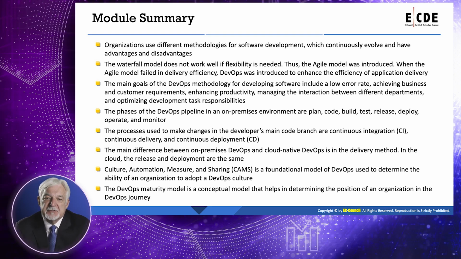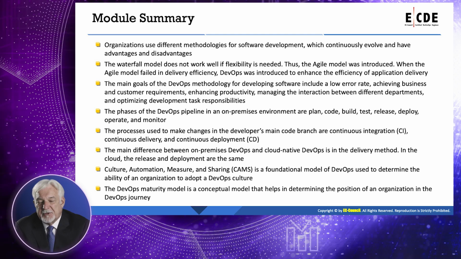The processes used to make changes in the developer's main code branch are continuous integration, continuous delivery, and continuous deployment. The main difference between on-premises DevOps and cloud-native DevOps is in the delivery method. In the cloud, the release and deployment are pretty much the same.